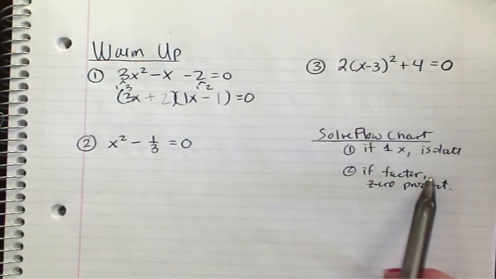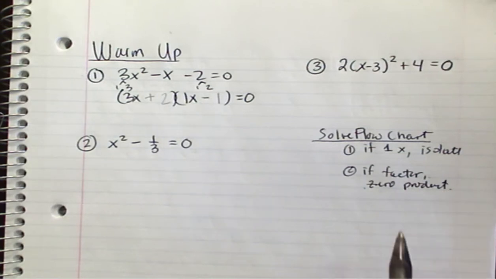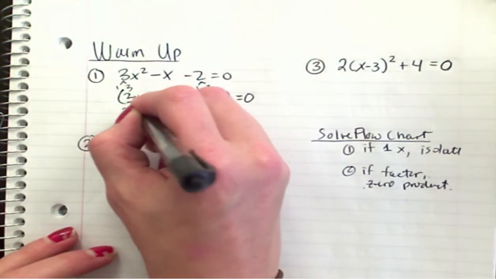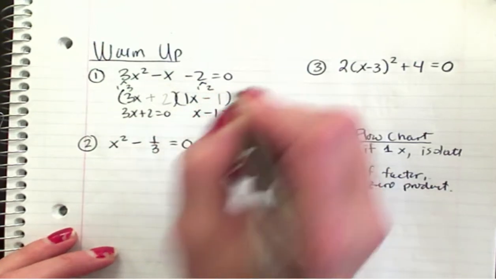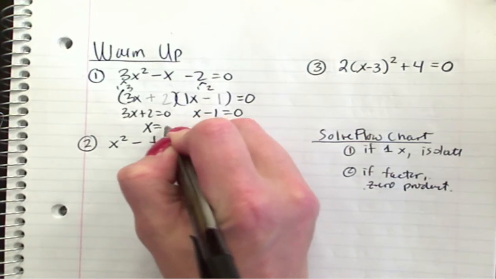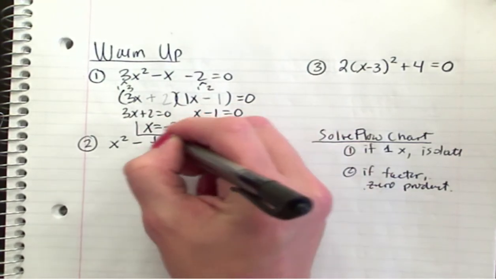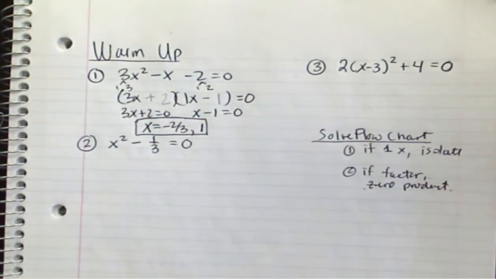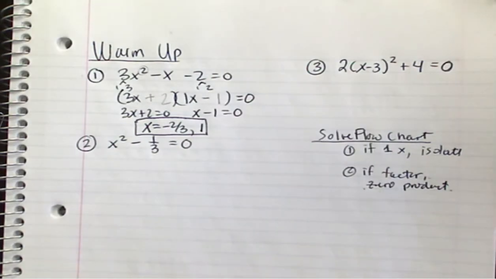So if I can factor it, I use the zero product property, which says that either the first factor or the second factor will be 0. So x equals minus 2/3 and 1. That's your answer. It's quadratic. That means degree 2. There are 2 answers.